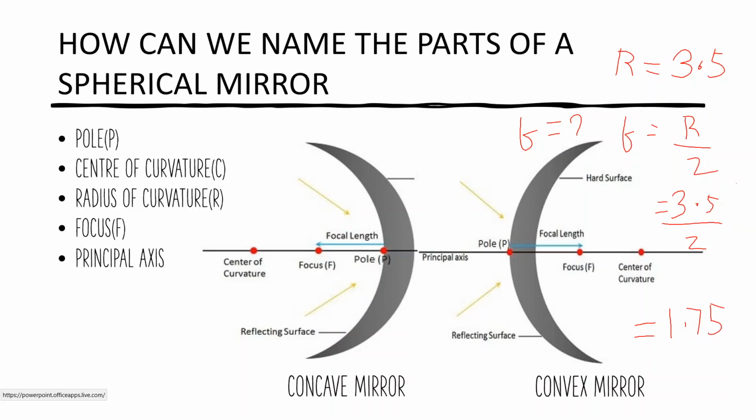And the units, whatever they give, centimeter, you need to mention centimeter. If they give meter, you need to mention meter. But the SI unit of focal length is always meter. Anything about length, it's always meter. Remember that.